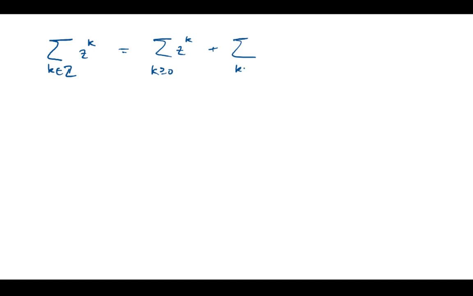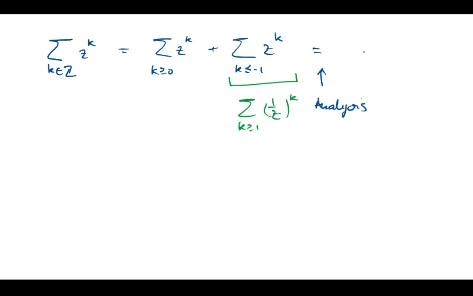Of course, I maybe should rewrite this as a geometric series in the variable 1 over z. So let me now play analysis over here. My first geometric series converges to 1 over 1 minus z. The second one converges to 1 over z over 1 minus z.